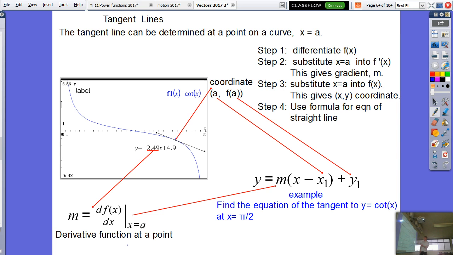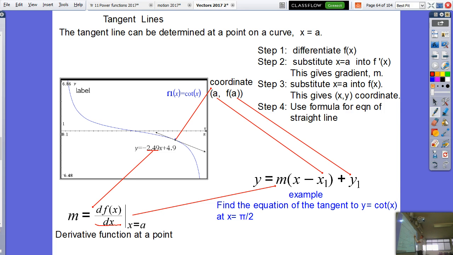Okay? So the derivative of your function, being this part here, we're interested in using that derivative and evaluating at a particular point, the point where the tangent is, because that gives you your gradient. What's the gradient or steepness of the curve? Yeah?